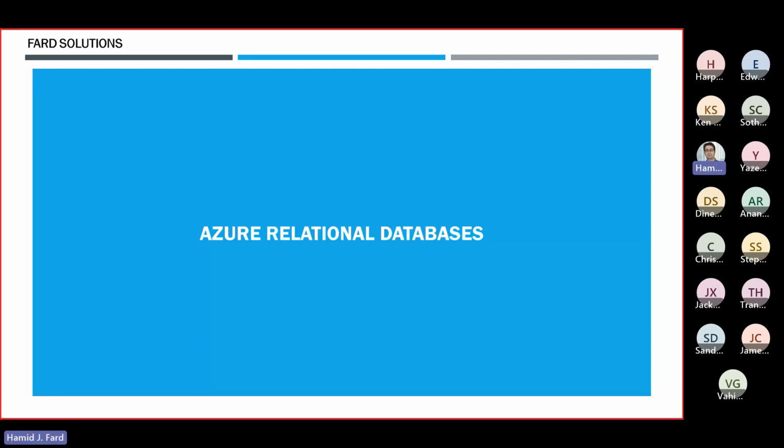Later on, they added different databases like MySQL and PostgreSQL. Then they moved to NoSQL like Cosmos DB and so on. But today we are only focusing on the Azure SQL DB.